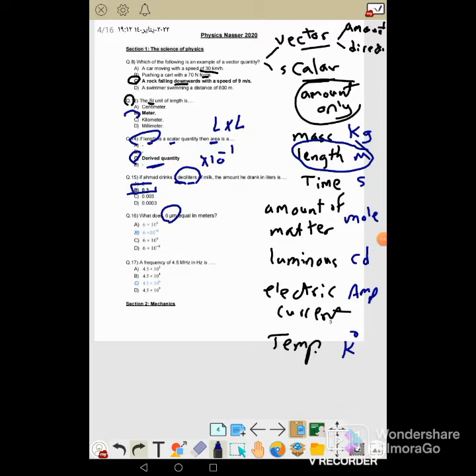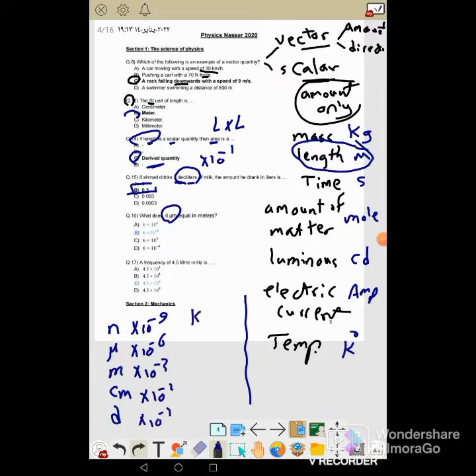Again, prefixes, such as nano, micro, milli, centi, deci. Nano is times 10 power minus 9, micro minus 6, milli minus 3, centi minus 2, deci minus 1, kilo positive 3, mega positive 6, giga 9, tera 12.